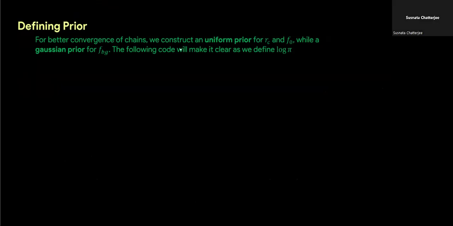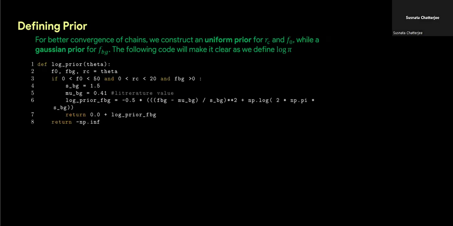Now, for better convergence of chains, we construct a uniform prior for RC and F0, while a Gaussian prior for FBG. The following code will make it clear as we define log pi. So we want a uniform probability distribution for RC and F naught.